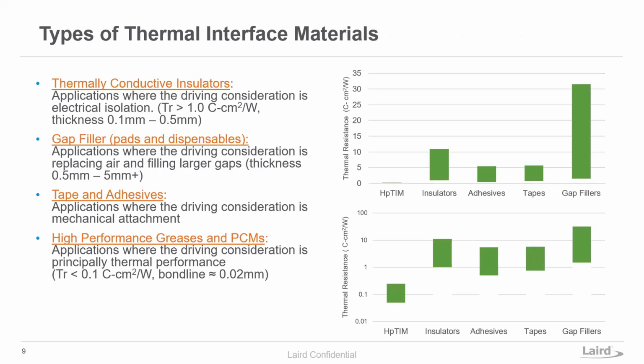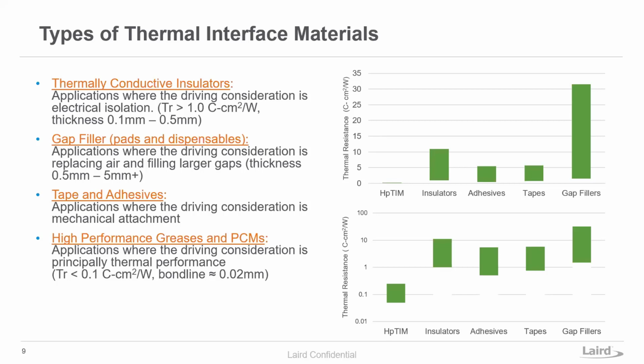And the first three have kind of dual purposes. The thermal material in the first one needs to be an insulator. In the second one, it needs to fill a large gap. And the third one, outside of being a thermal transfer medium, it has to provide a mechanical attachment. And all of those are constraints on the thermal performance.